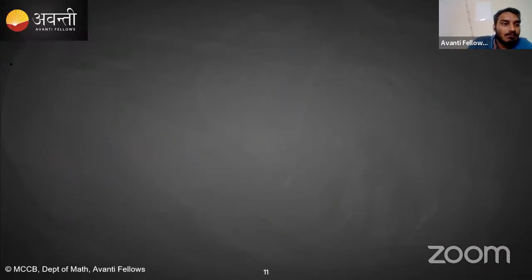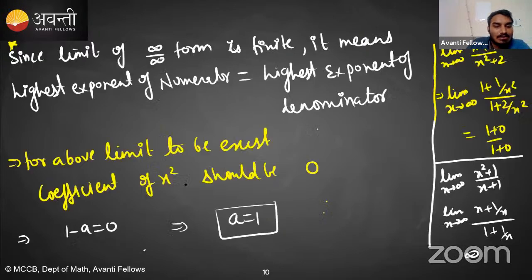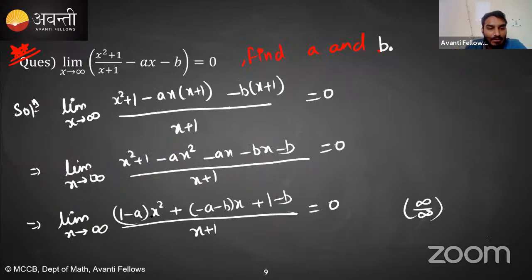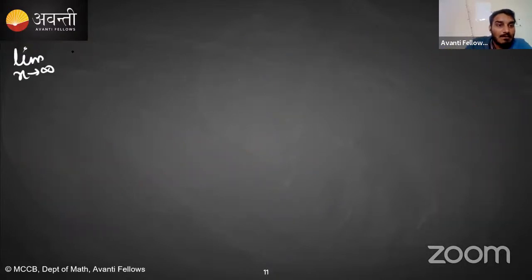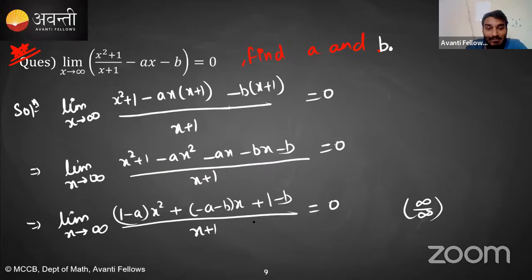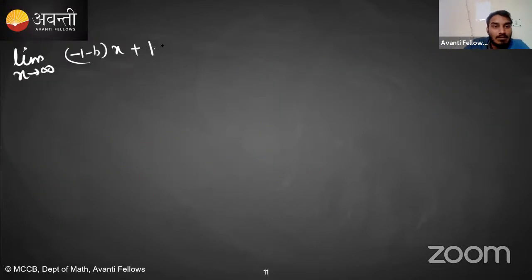What will we get? We will get limit x tending to infinity. Since now we have substituted a, the x square coefficient is 0. So now we will get minus 1 minus b times x plus 1 minus b upon x plus 1. This limit is 0.